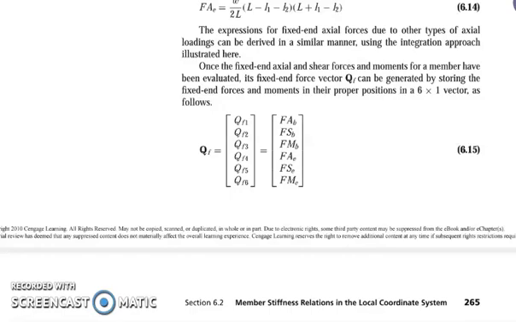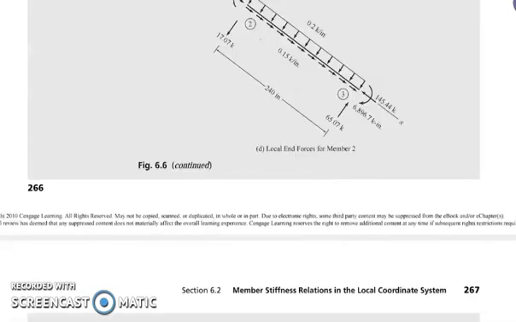Then axial force, shear force, and moment force at the end of the member. You have here e to denote at the end of the member. So basically, for our shear forces and moment forces, of course, we have to make use of the equations that we have introduced before.